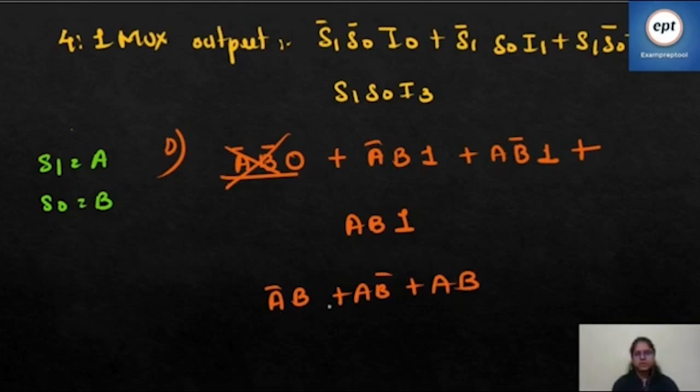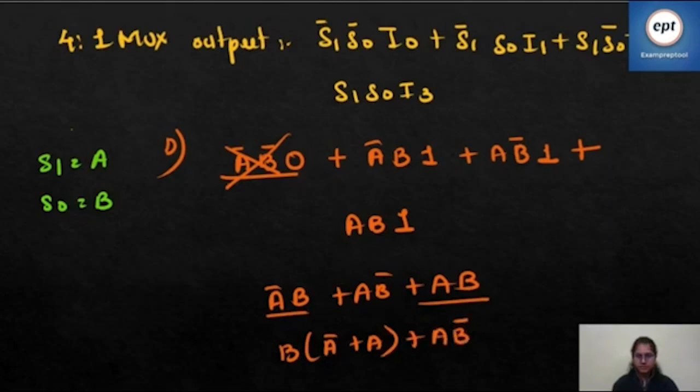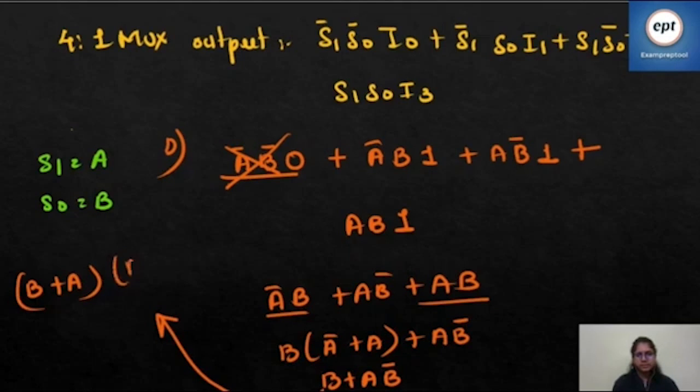Now if we take common between this and this term, it will be B, A bar plus A, and it will be A, B bar. Like this it will be. Now here the expression will be B plus A, B bar. Now we will apply the property, see here I am applying the distributive property, B plus B bar.